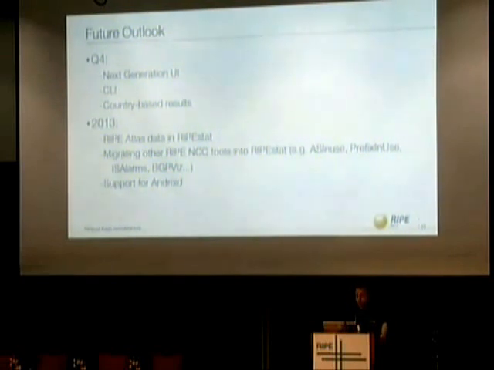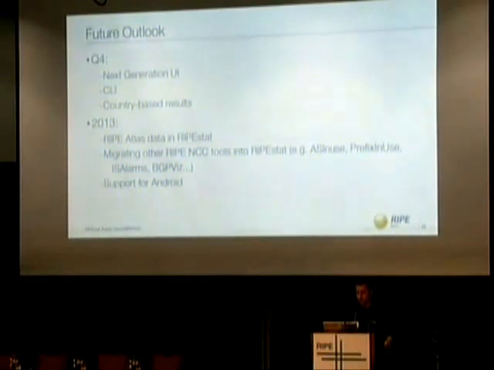Then next year we want to implement Atlas data, make the measurements of the Atlas network available in RIPEstat. So it will be ping measurements, traceroutes, also user-defined measurements. That will be quite an interesting data set, I think.